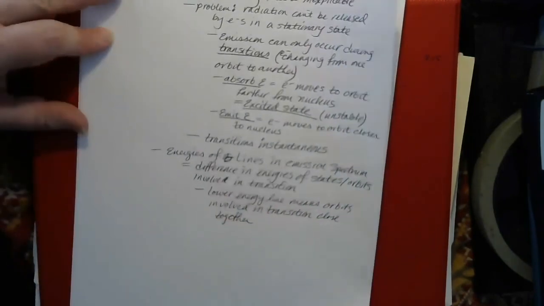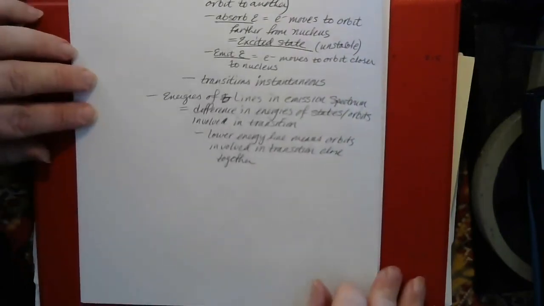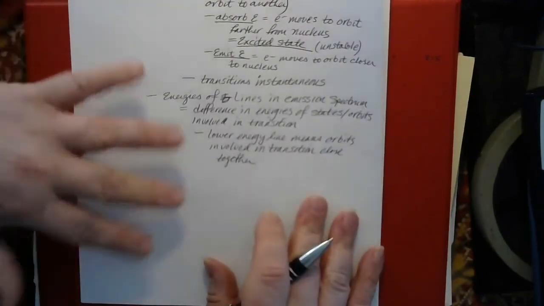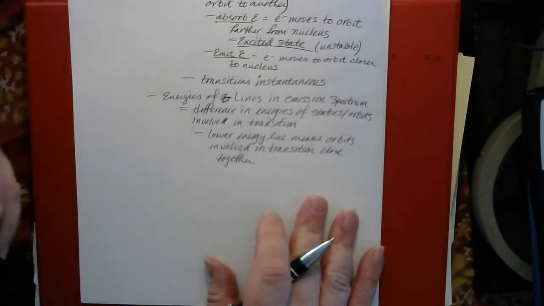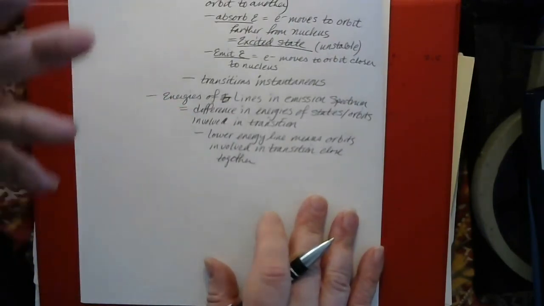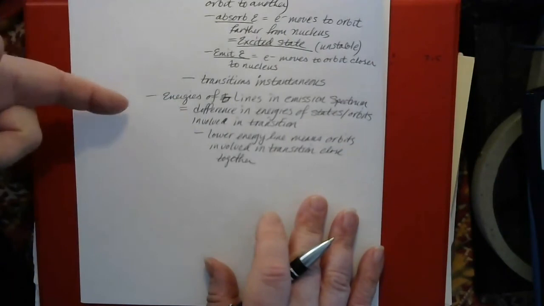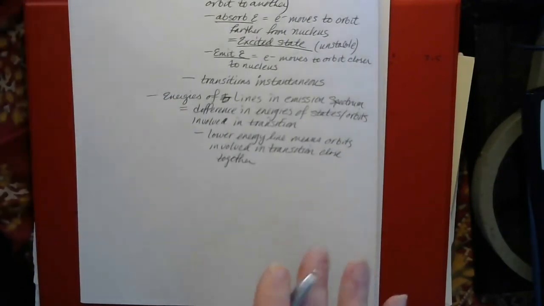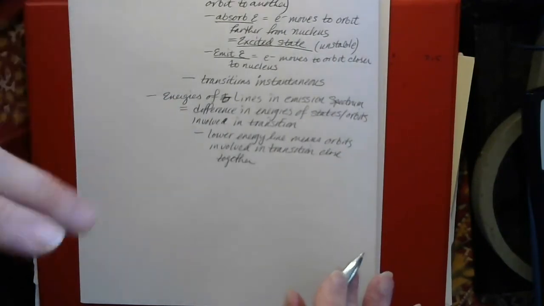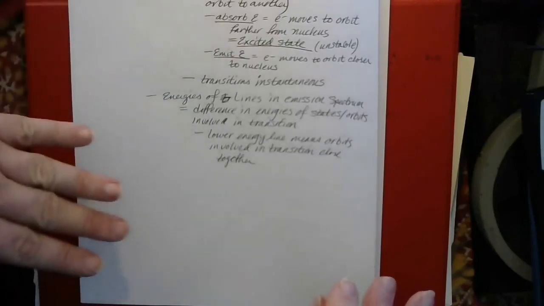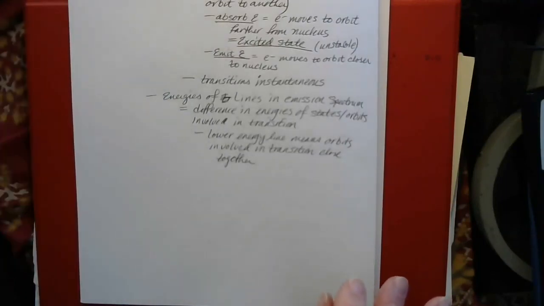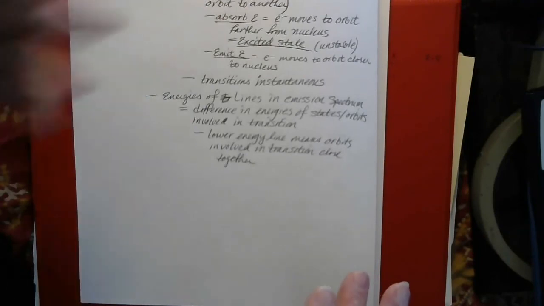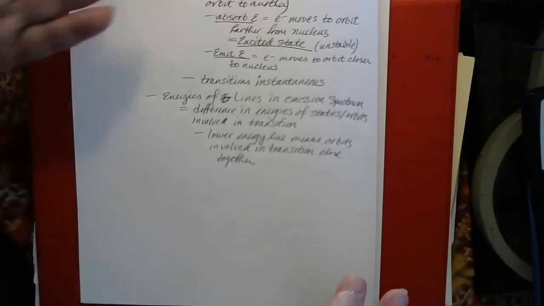So if the electron transitions from, say, the third shell down to the second shell, that's going to result in a line with a wavelength that has relatively low energy. If the electron drops, say, from the sixth shell down to the first one, that's going to result in a line with a wavelength that corresponds to a very high energy.